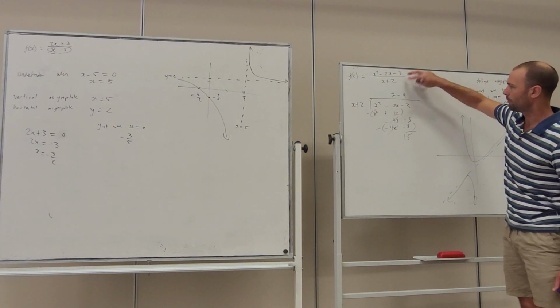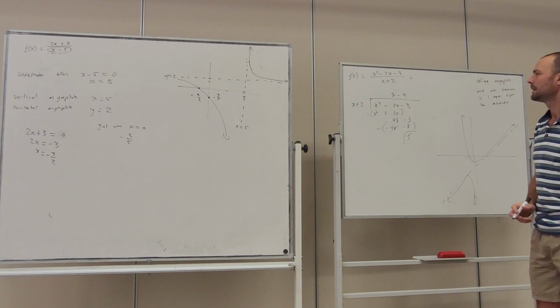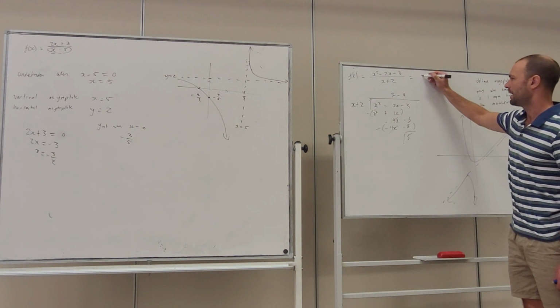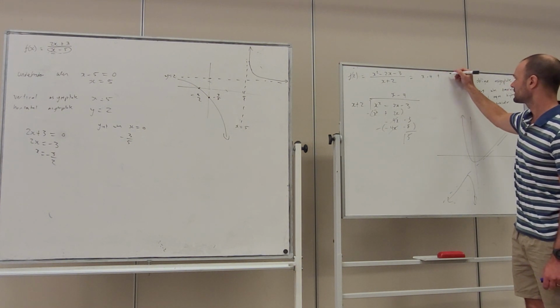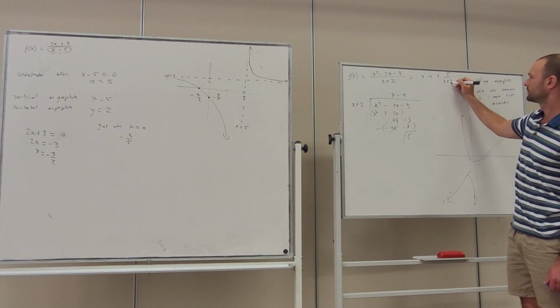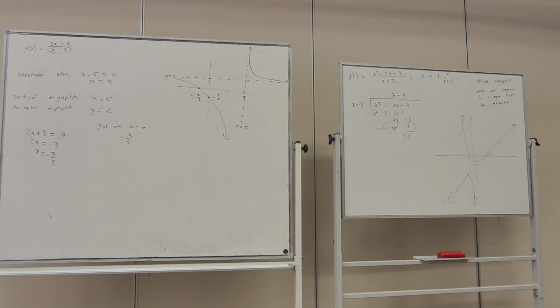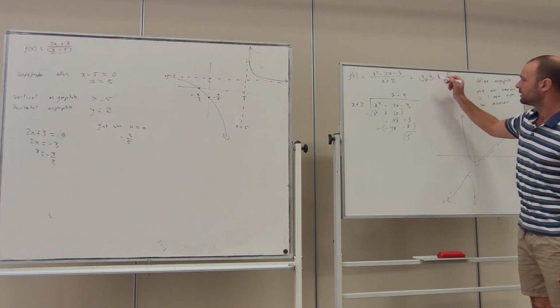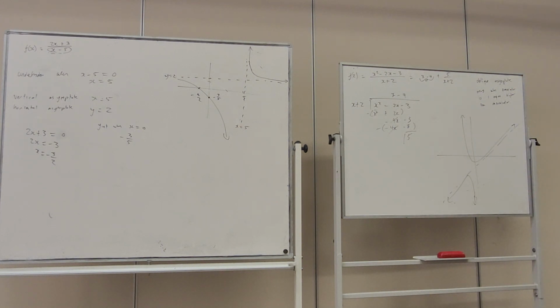So an alternative way we can express this function is our quotient plus the remainder on top of the divisor. And our quotient here is the equation of our oblique asymptote.